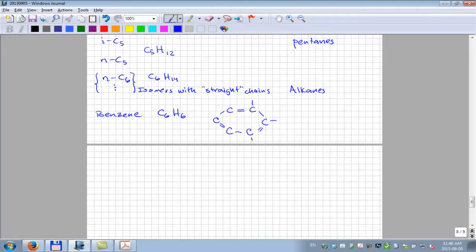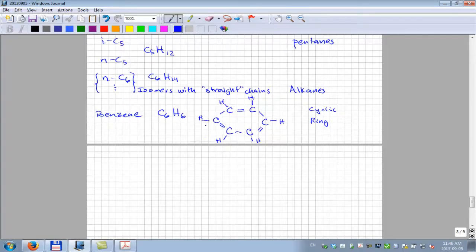On each one of these carbons, we've got a hydrogen. Each carbon has to have 4 bonds, and it looks like this. So it's called a cyclic compound because it's connected in a ring, sometimes referred to as a ring compound, benzene ring.